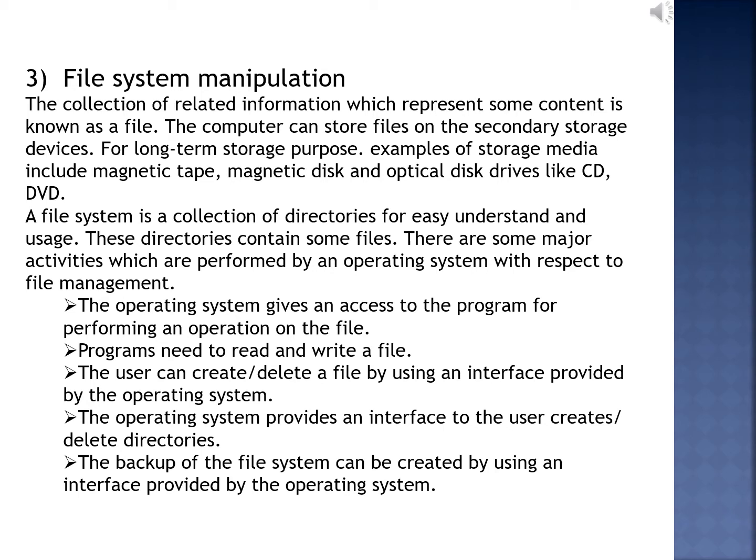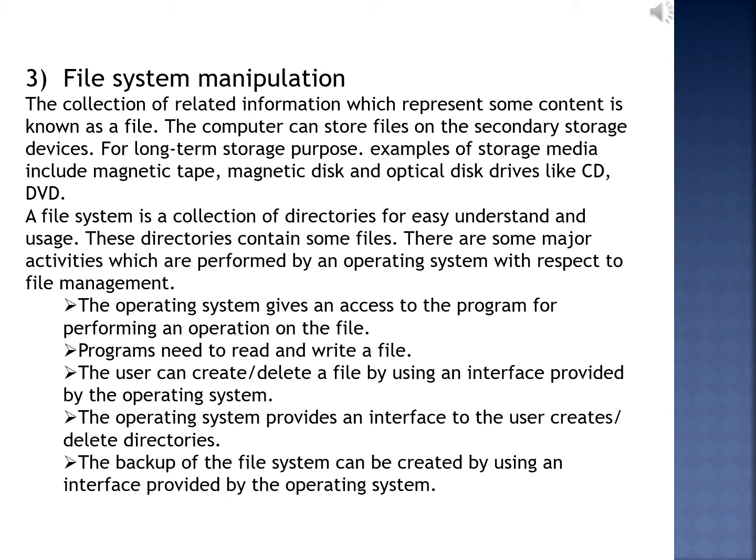There are some major activities which are performed by an operating system with respect to file management. It gives programs access for performing an operation on the file. Programs need to read and write a file.